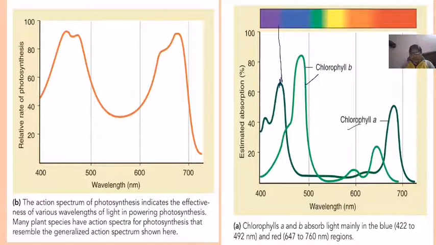This is within the violet and blue range, and the other maximum you see is in the orange and red range of light. So whether it is chlorophyll A or B, both absorb maximally in these two ranges. If you look at the green and yellow range, they are not absorbing light there.